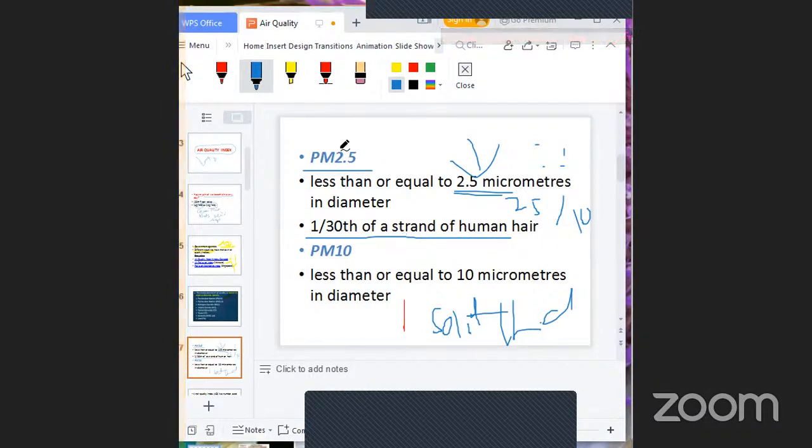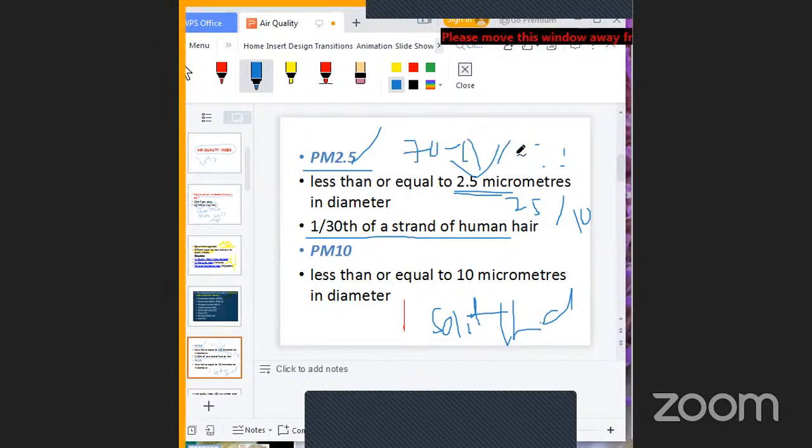This PM 2.5 is hazardous to the lungs. PM 2.5 causes 70 to 80% of the health issues, when it crosses the body's natural barriers and enters the lungs and also the heart, right?